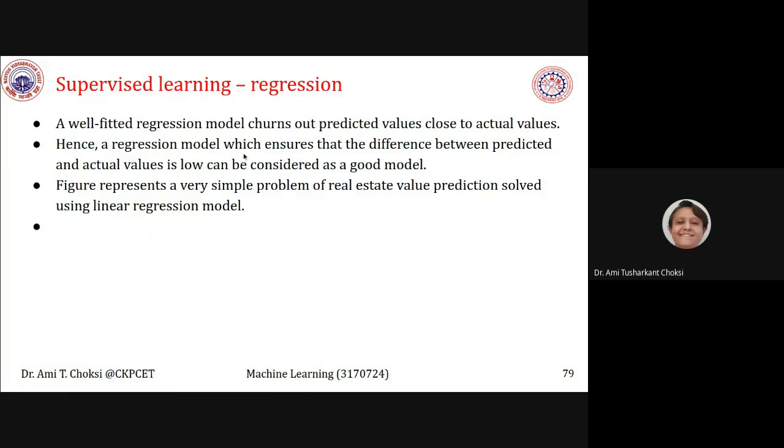Hence, a regression model which ensures that the difference between predicted and actual values is low can be considered the good model. The figure represents a very simple problem of real estate value prediction solved using a linear regression model.